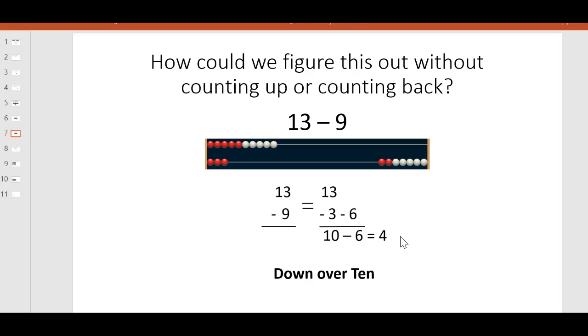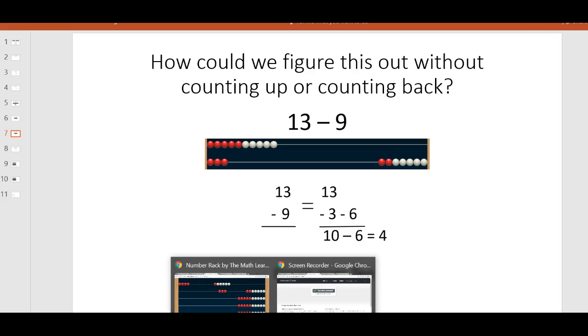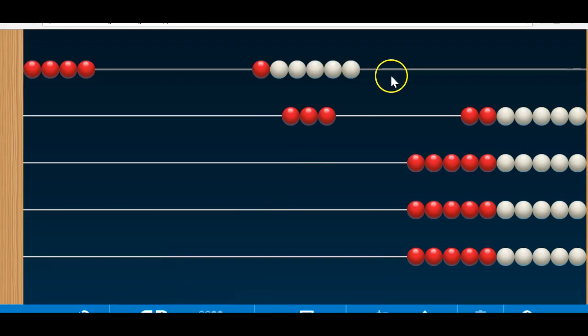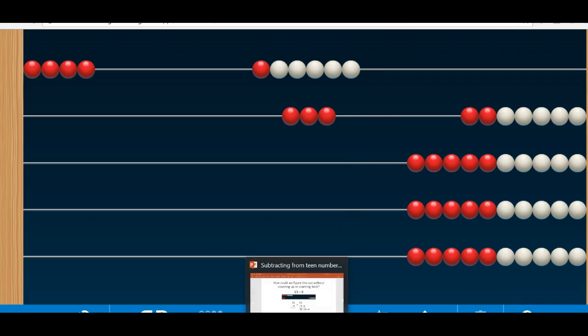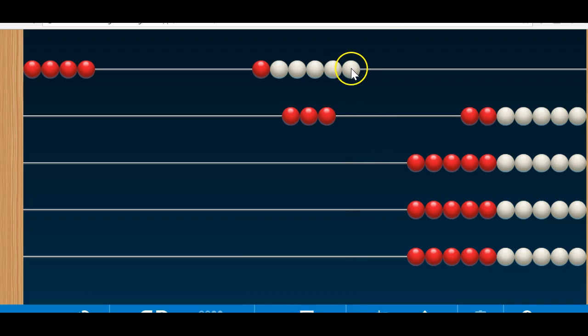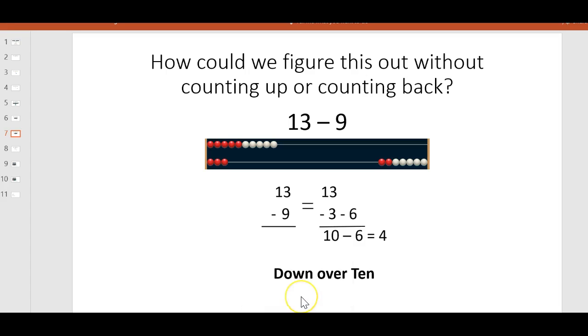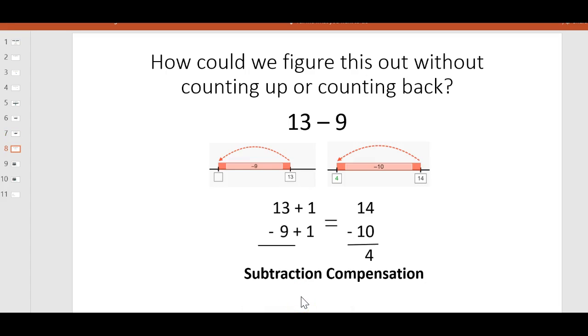And finally, the last strategy is one that is often called subtraction compensation, although it certainly has other names as well. And it's probably more easily shown with a number line model.